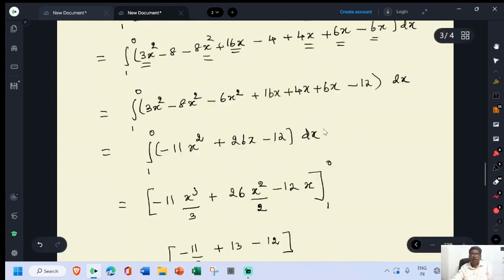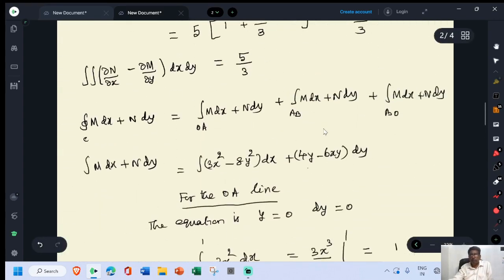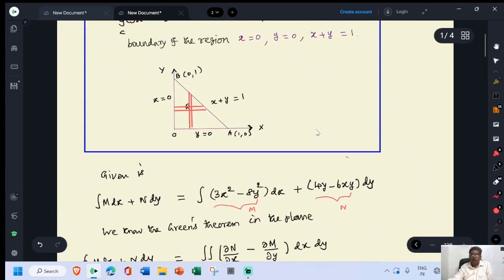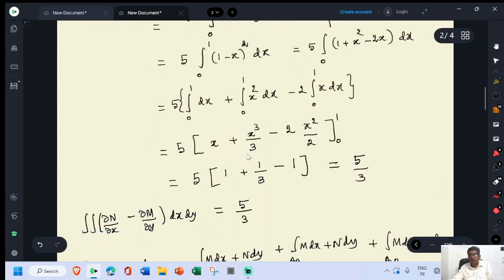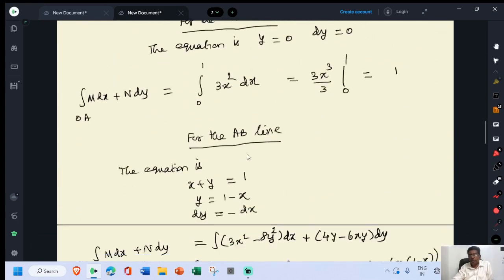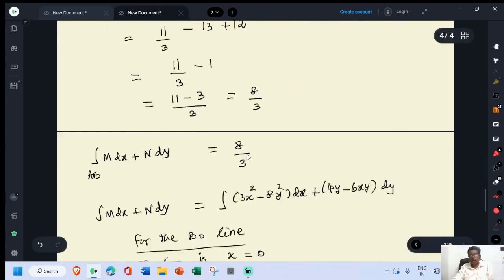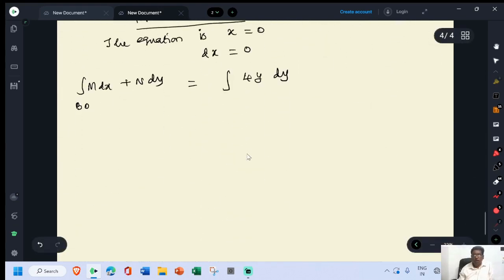Lower limit is 1, upper limit is 0. Once again, verify. At BO, here the value of y is 1, here the value of y is 0. This is the lower limit, this is the upper limit. So 1 to 0.